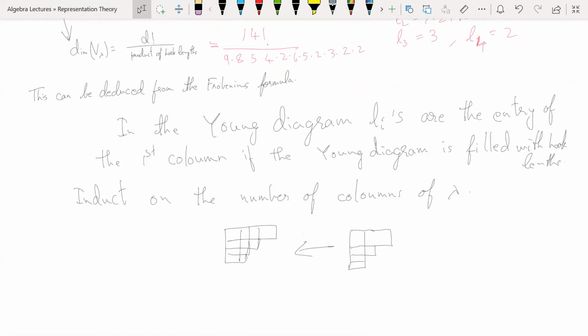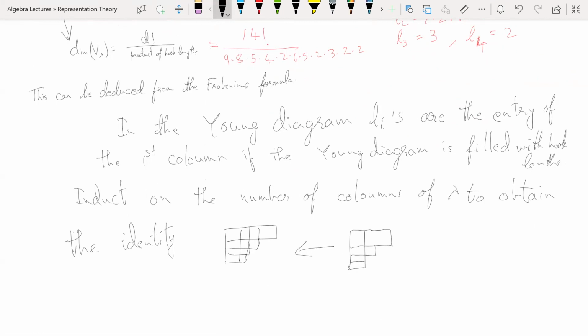So induct on the number of columns of lambda to obtain the identity. I'm not doing it completely.